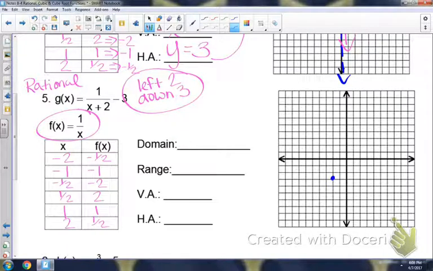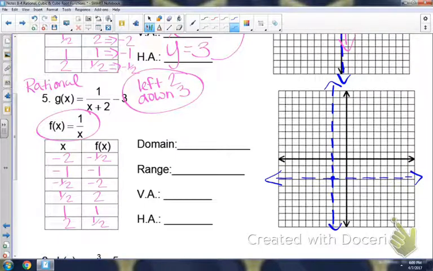Once you've plotted that point, then you can draw your vertical and horizontal asymptotes. They need to cross through that point. So that's my new origin. We shifted it. Notice that we don't have a reflection, we don't have a stretch, we don't have a shrink.